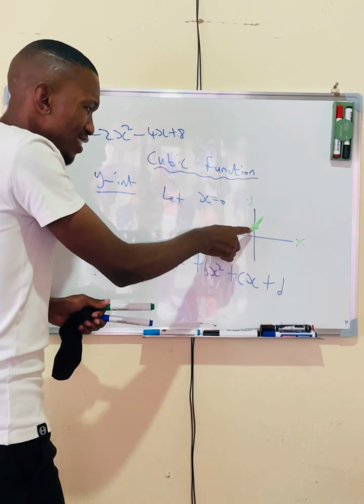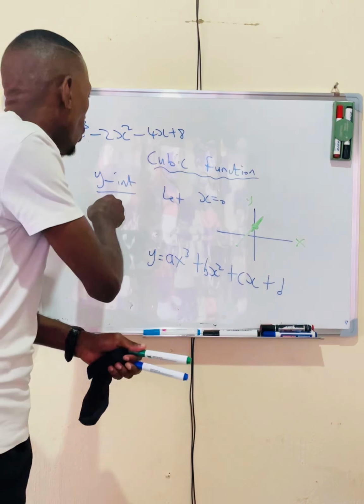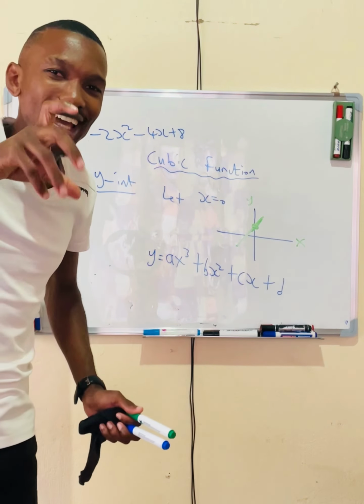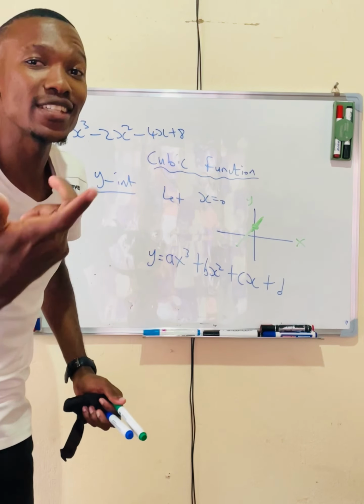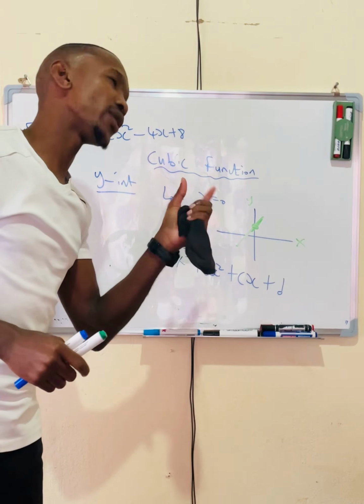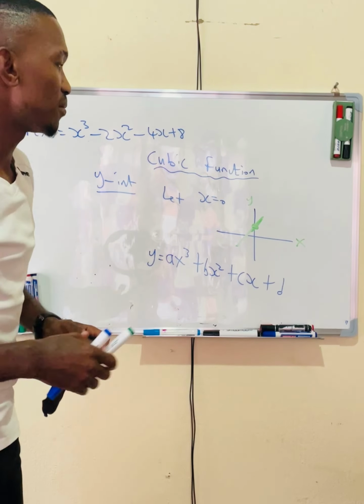The line that cuts the y-axis there forms the y-intercept because that is where x is 0. And whenever the y value is 0, we have the x-intercept. Keep that in mind.